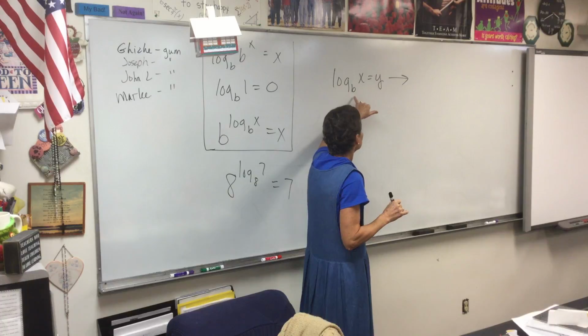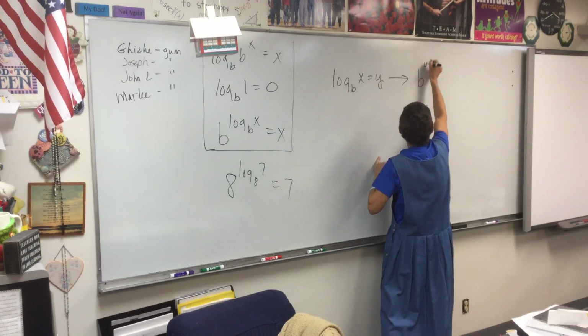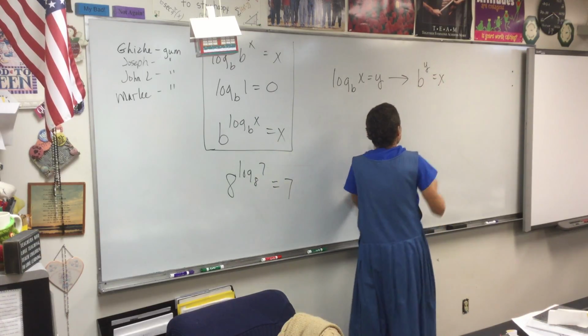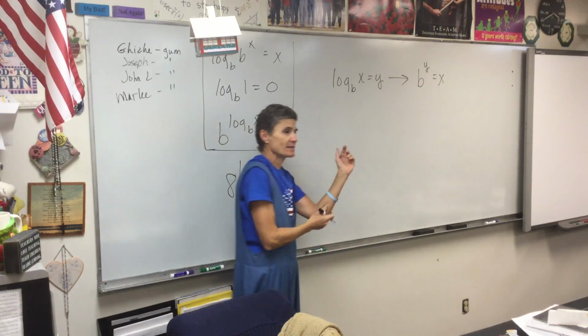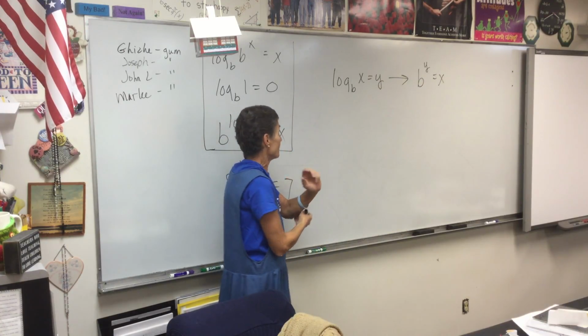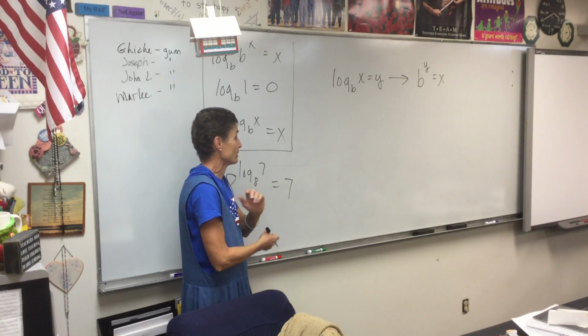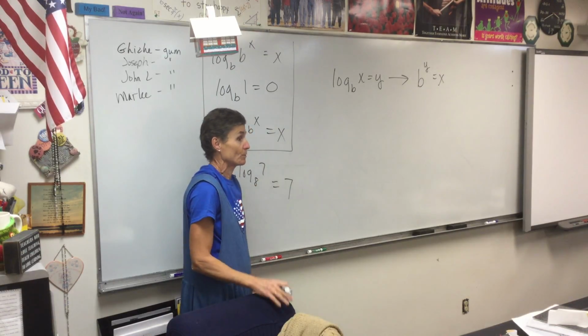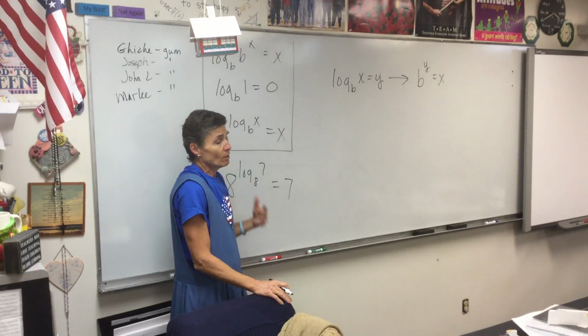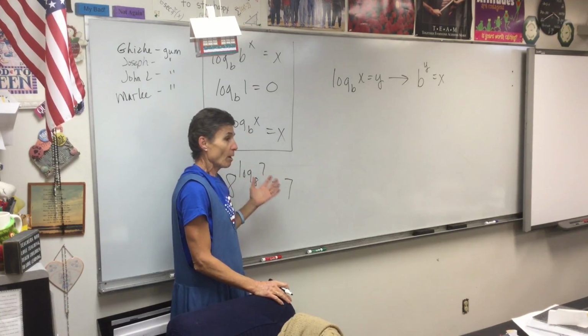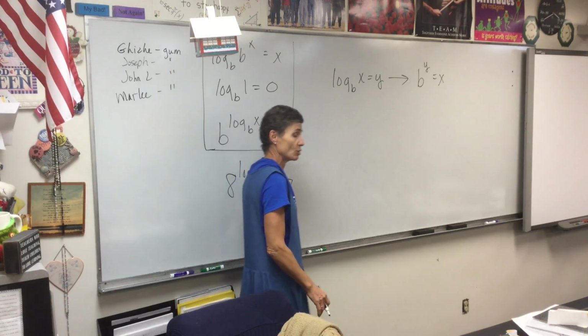X equals b to the y. B to the y equals x. Yes, that's exactly right. So that is not really a property, that's a translation, but you can include it in your property list. It is very, very, very important. It's what allows you to do the questions like on the quiz. Well, today we're going to add to our property list so that we can start solving more complicated logarithmic equations.